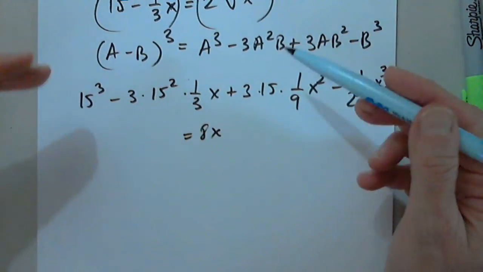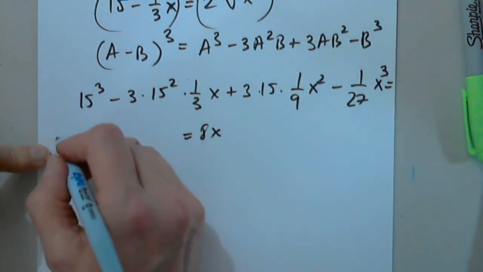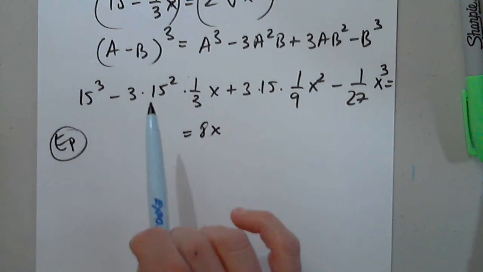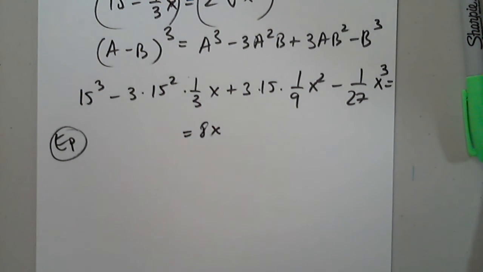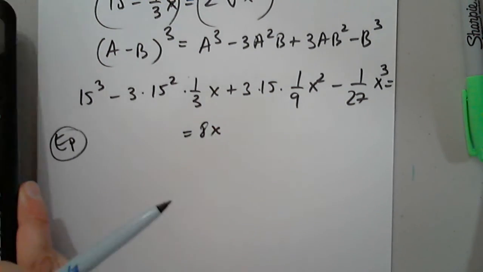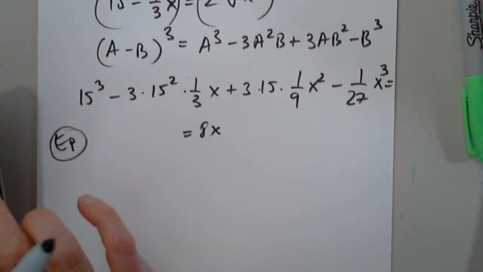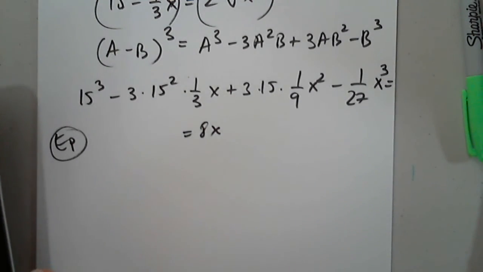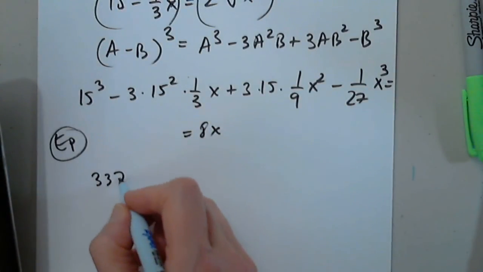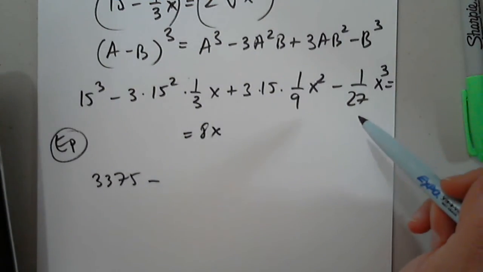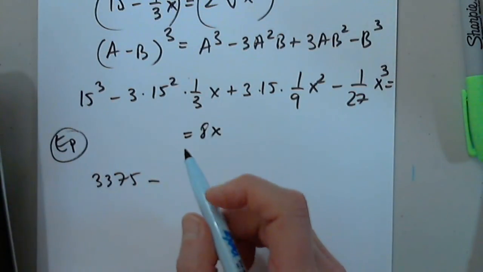This work is just for finding the equilibrium point. That's a lot. So 15 to the 3rd, 3375 minus, there is no point in simplifying because I need to multiply by 27 anyway.